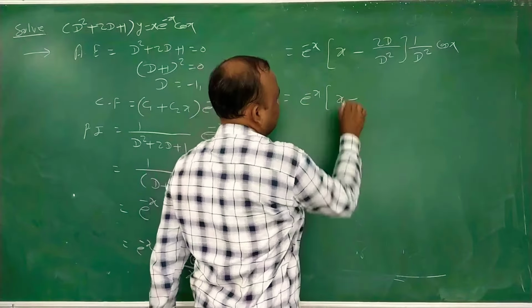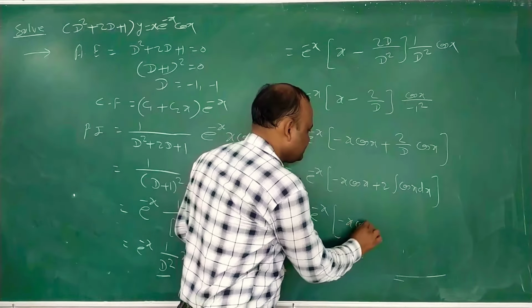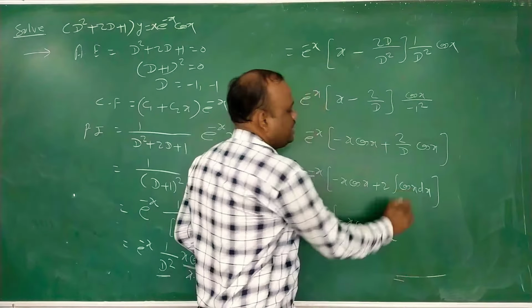What is 1/D of f(x)? I just told you, 1/D of f(x) is the integration of f(x). So this is equal to e^(-x) into [-x cos x + 2 ∫cos x dx]. Don't write the constant of integration here. Why? Because this is a particular integral, same as a particular solution. In a particular solution, an arbitrary constant is not there. So e^(-x) into [-x cos x + 2 times the integration of cos x, which is sin x]. So this is the PI.